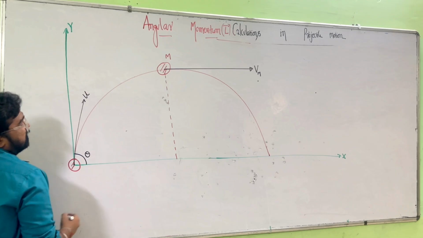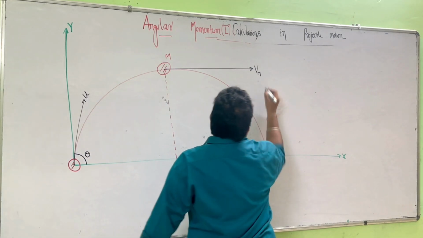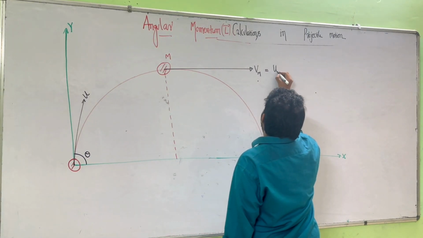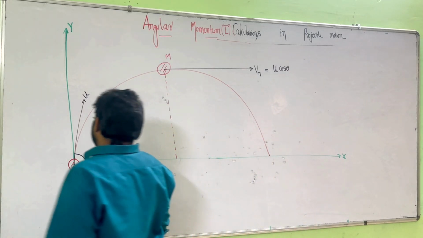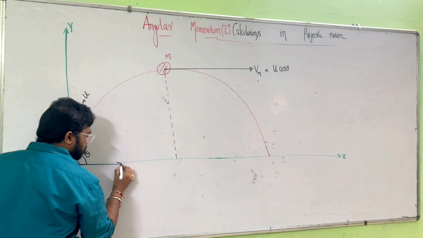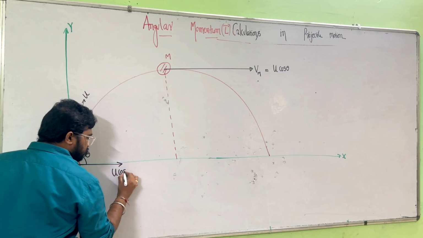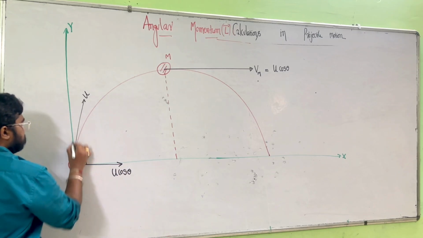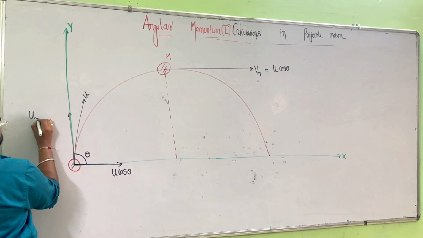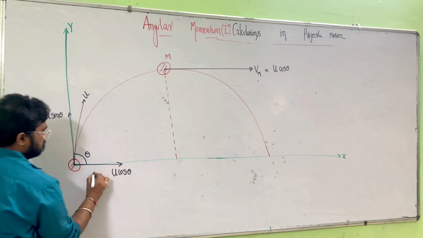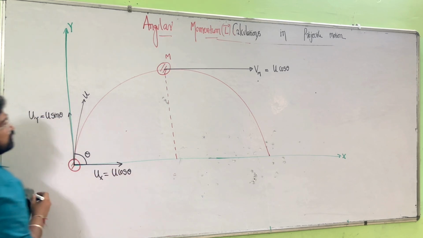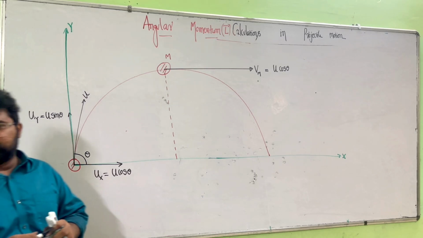This would be theta. That equals how much? u cos theta. Along this direction, ux is u cos theta. Along this direction, uy equals u sin theta. So uy equals u sin theta, ux equals u cos theta, and vm equals ux.